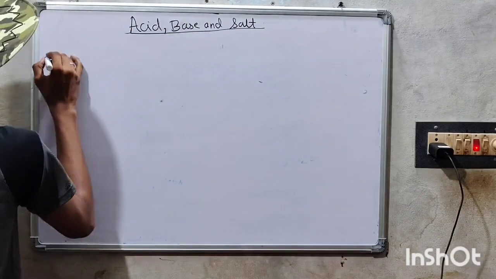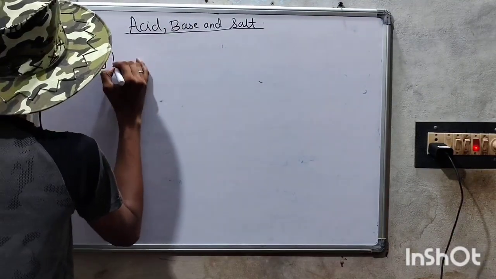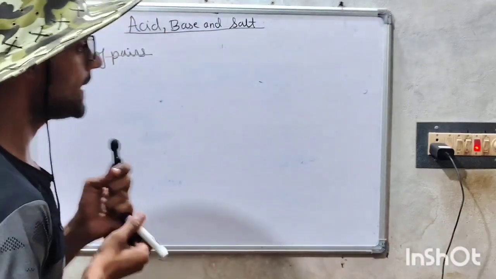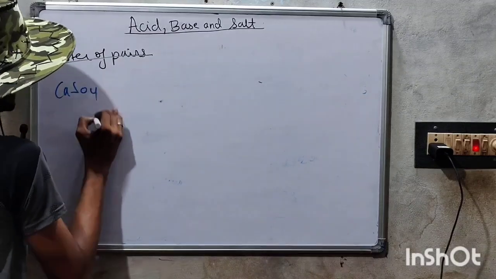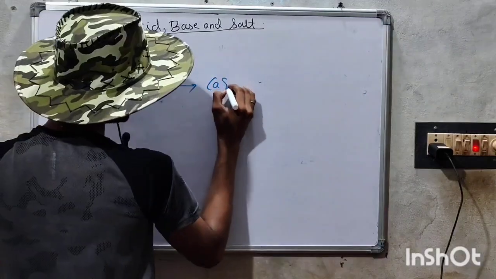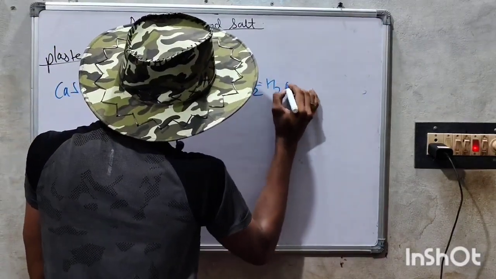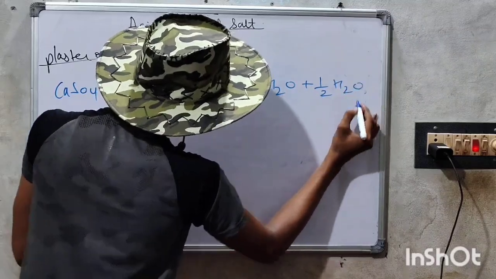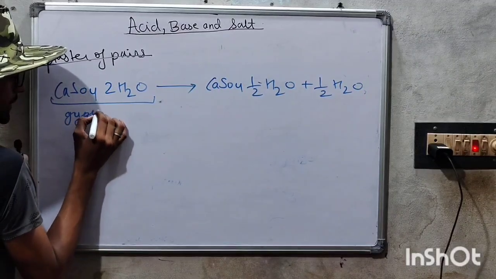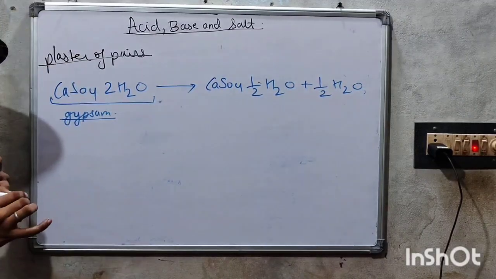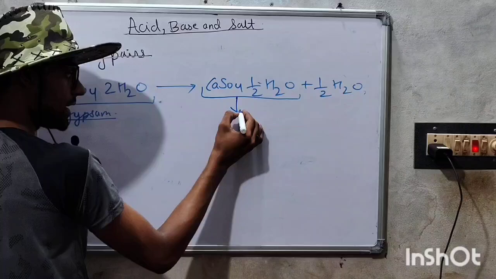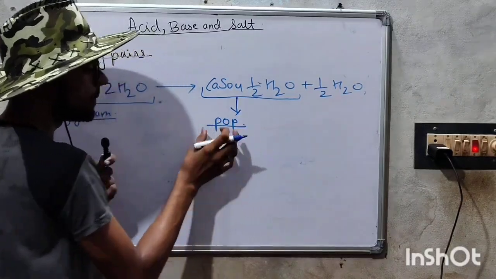Calcium sulfate plus 2 water, that is known as gypsum. It is broken down into calcium sulfate plus half water, that is known as plaster of Paris, POP.